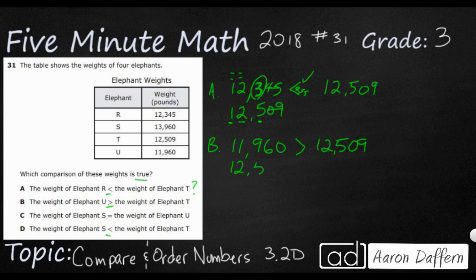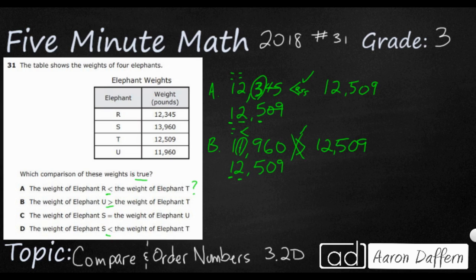So we've got the 10,000s place. Those are equal. The difference here is our thousands place. But look at this 1. This 1 is smaller than the 2. This 1 is actually less than. It should be less than because this number 11,000 is less than 12,000, which means that's not going to work. Should have been a less than.